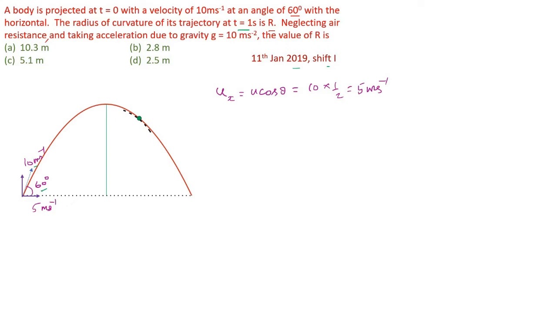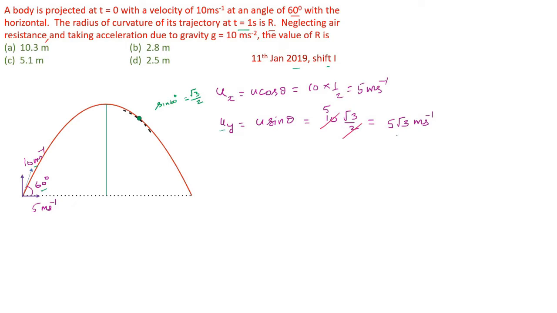Similarly, we can find the initial vertical component uy, which is u sin theta. We know that sin 60 degree is root 3 by 2. So what is uy we got?